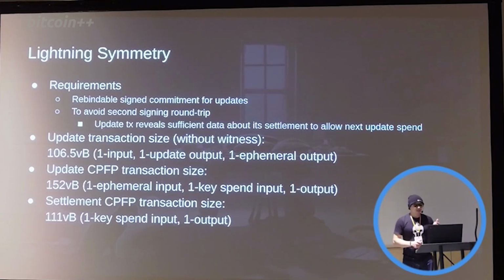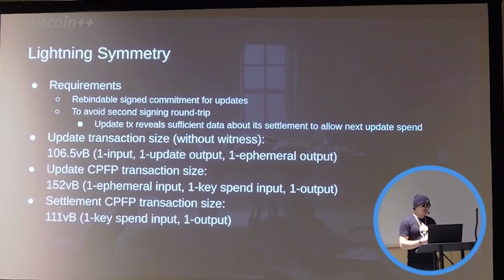Greg Sanders, InstaGibbs, actually wrote down a full implementation of Lightning Symmetry and found that you can save a signing round trip, which is pretty important, especially for rapidly updated channels, if you can ensure that the update transactions communicate enough information to allow the settlement path to be encoded in the updates.